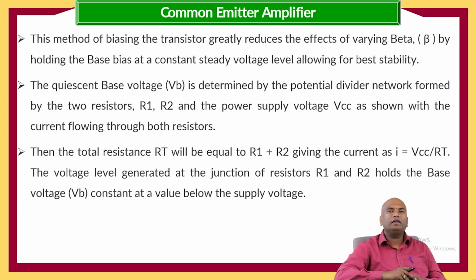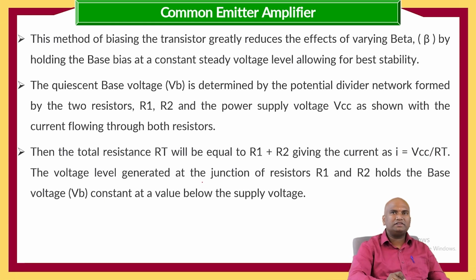That is according to Ohm's law: current is equal to voltage by resistance. And when these two resistors are connected in series, the equivalent series resistance will be R1 plus R2. So I equals VCC by RT.